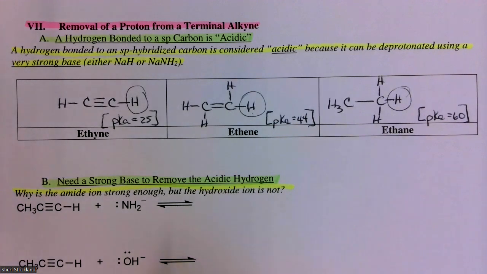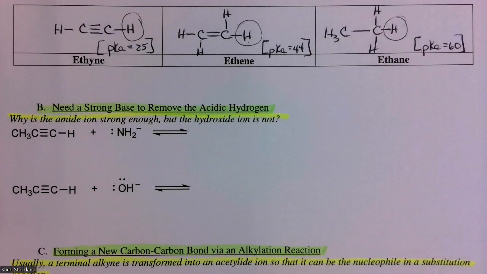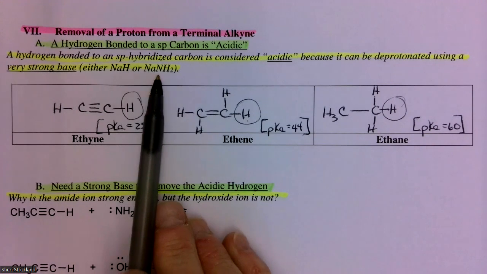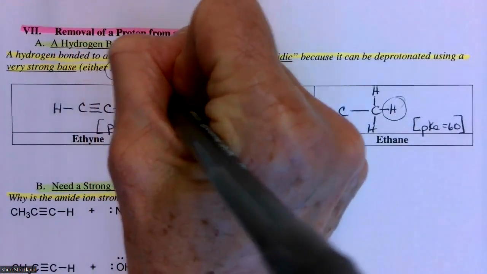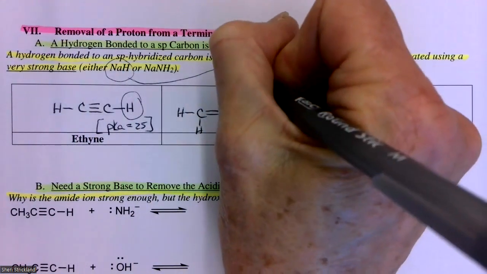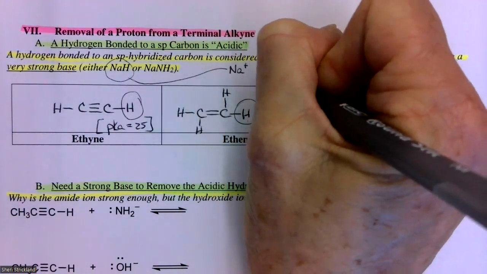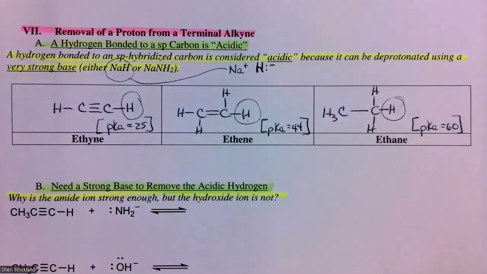Okay, so let's look at why it is that we would need a super strong base like these two that I've put up here, sodium hydride or sodium amide. And just while we're here, every salt is a cation and an anion. So you can draw out the cation and the anion.